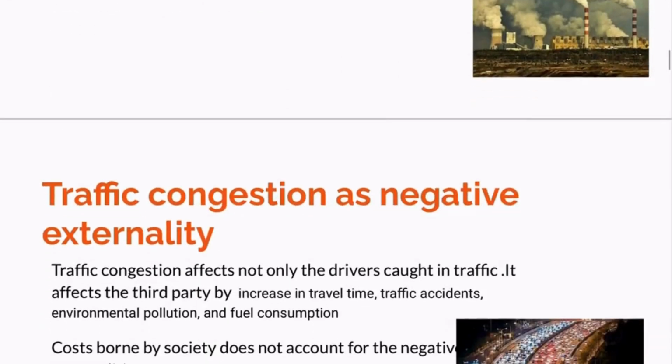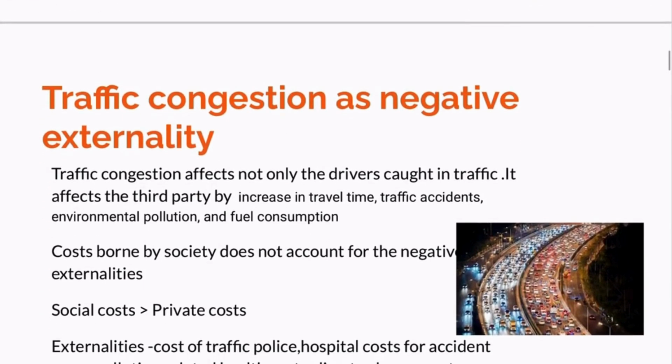Another example of negative externality is traffic congestion. We know that traffic congestion affects not only the drivers which are caught in the traffic, it affects the third party. And how does it affect the third party? It affects the third party because there would be an increase in travel time, or there could be more possibilities of traffic accidents.